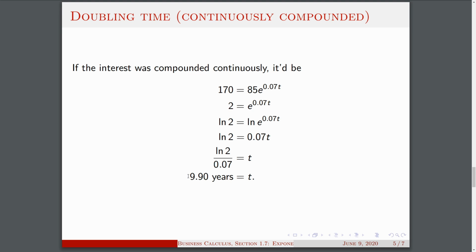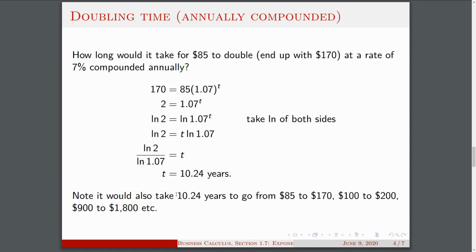So it took less than 10 years to double if the interest is compounded continuously, and it took more than 10 years to double if the interest was compounded annually. And does that make sense?